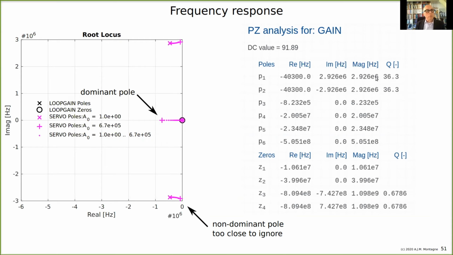The dominant is like 800 kilohertz, you see, 823 kilohertz, and this is at 3 megahertz. So these poles are non-dominant, but they can make the amplifier unstable if the loop gain is a little bit varying. So I really have to do something about it.